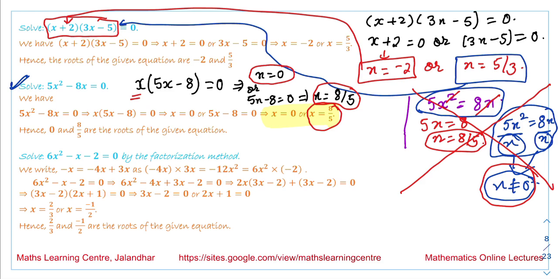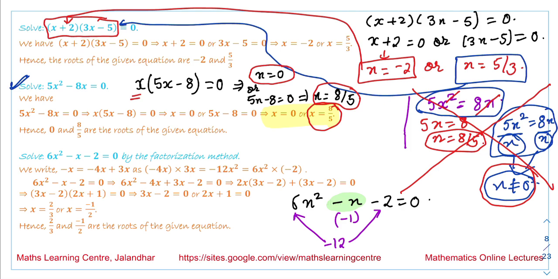Next is 6x square minus x minus 2 is equal to 0. Now we are saying we have to split the middle term. It is 6x square minus x minus 2 is equal to 0. We are talking about this being the middle term over here. The number we are having over here is minus 1, and the product of these two numbers is minus 12.